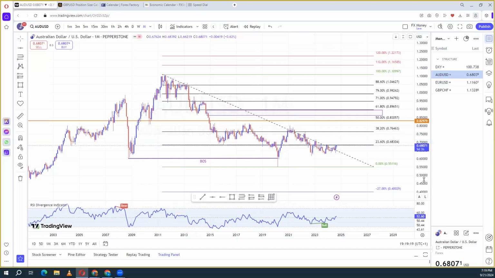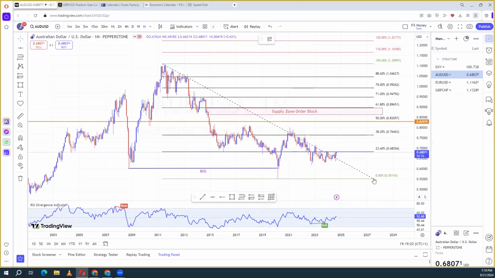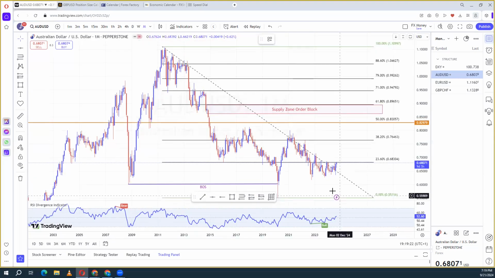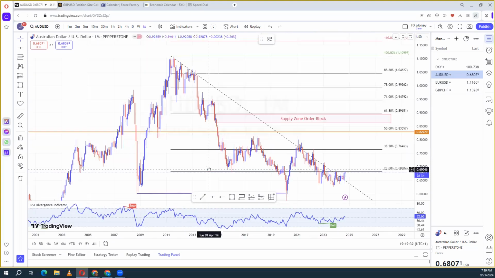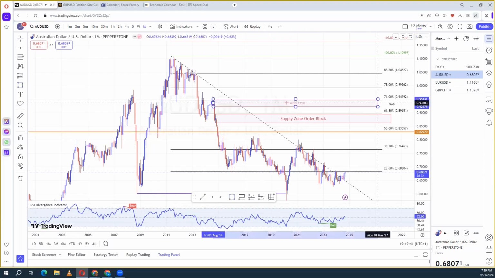Please follow me step by step. Now, you have a lot of supply zones ahead that the market could target. In fact, there are so many.